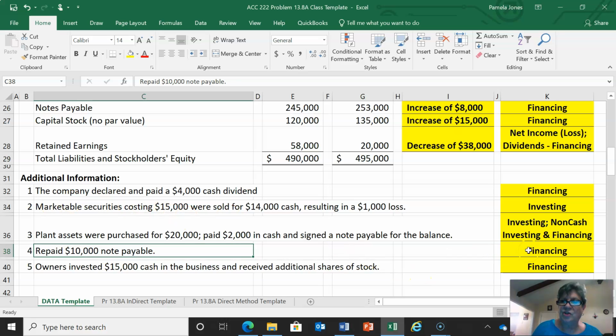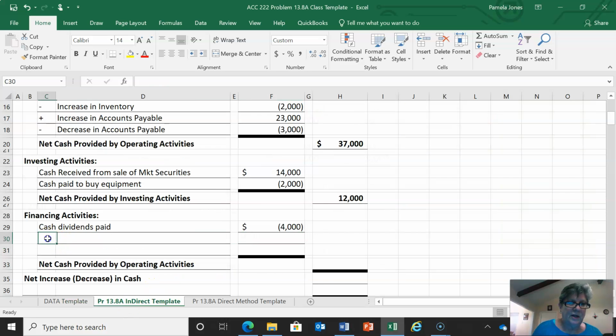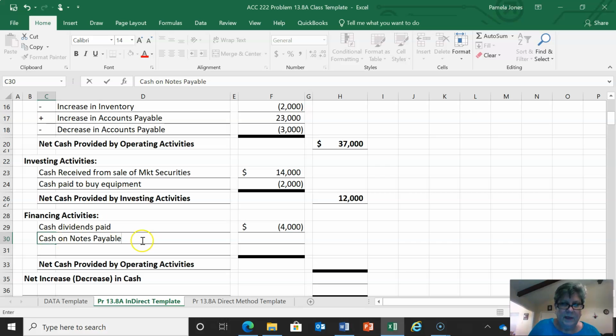Cash transactions with creditors are financing activities. So we're going to put down here cash paid on notes payable. So we're going to put that negative $10,000 in the financing activities section.